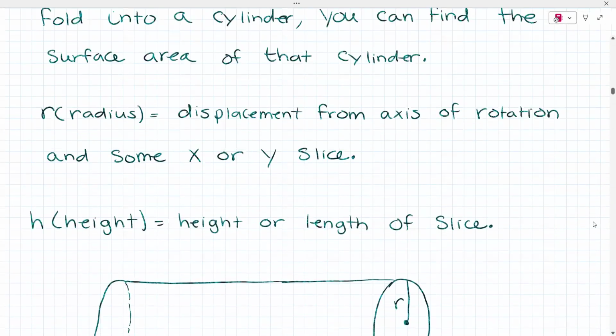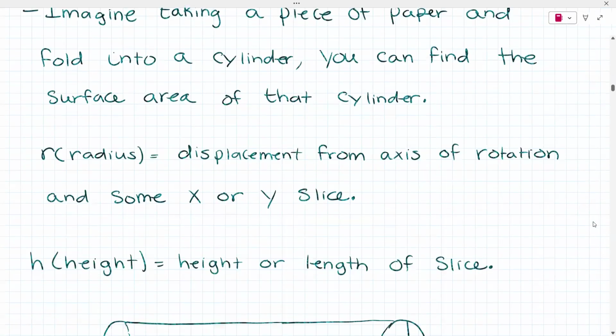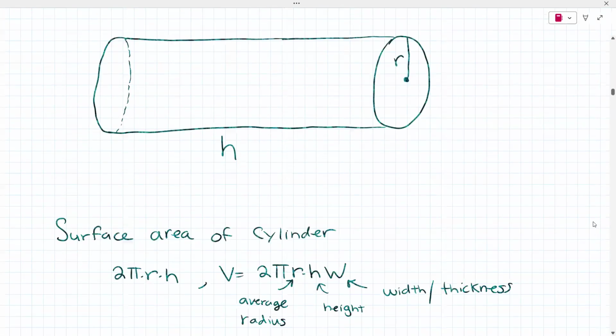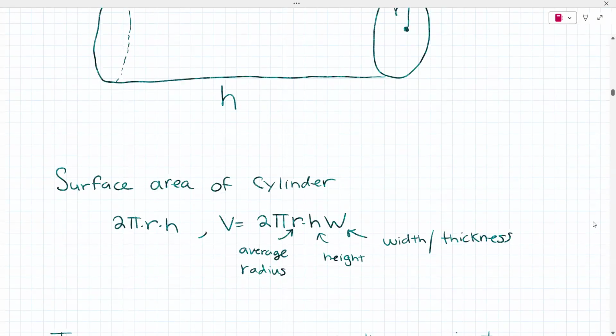And so yeah, you're creating a cylinder, and what do we know about a cylinder? We can take the surface area. So the surface area of a cylinder is 2 pi times r times h times w, which is representing the width or thickness.